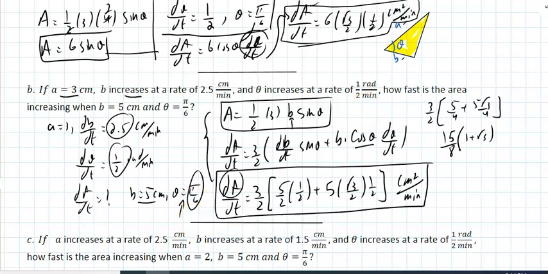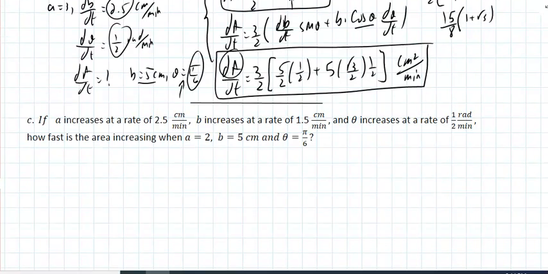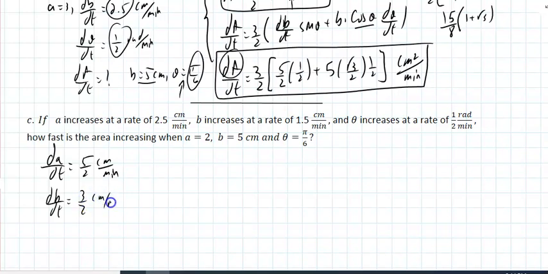Exact is fine. And then the last part says, what if A is increasing at a rate of 5/2 centimeters per minute, and B is increasing at a rate of 1.5 centimeters per minute, and theta is increasing at a rate of 1/2 radians per minute.